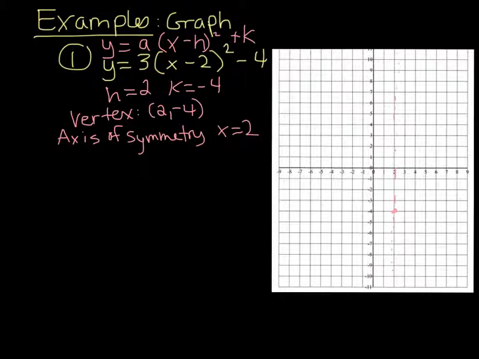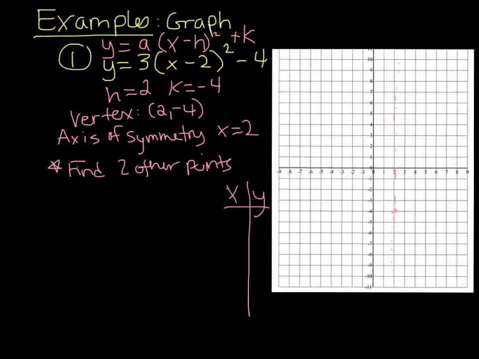So then from there, we can do several things. I am actually going to now find 2 other points. And if you want, you can even draw an XY chart and put your vertex in the middle.